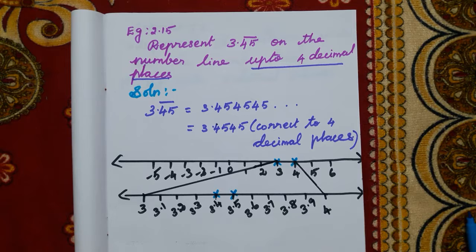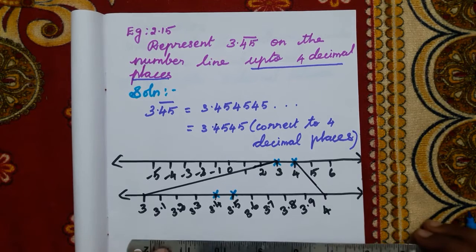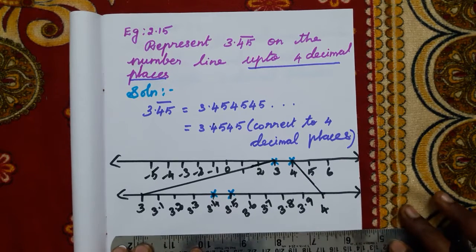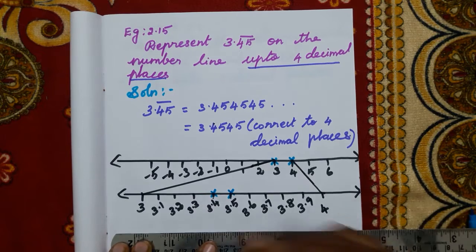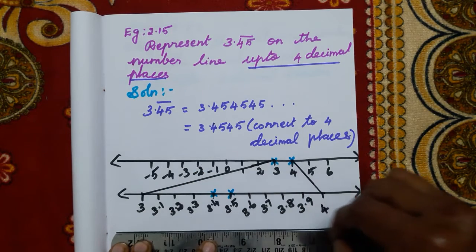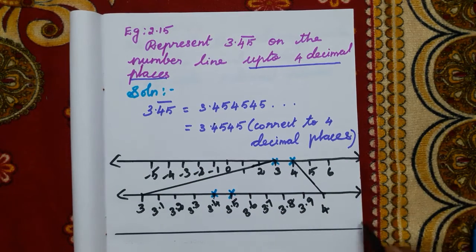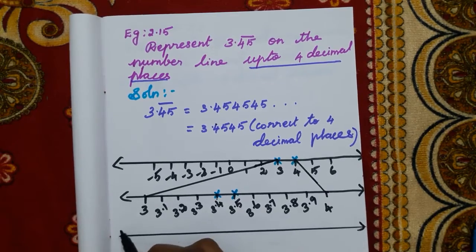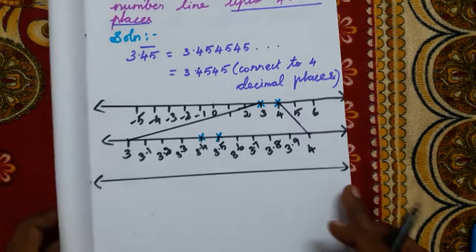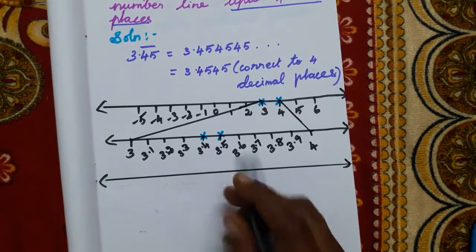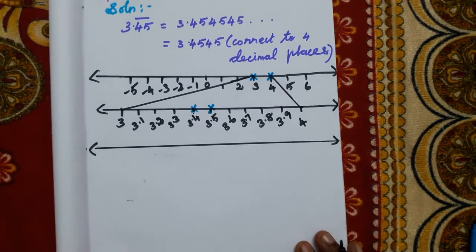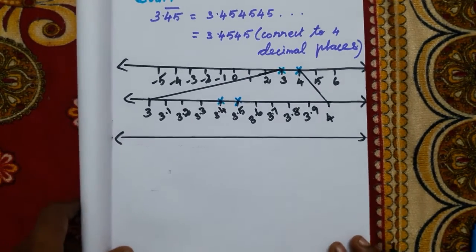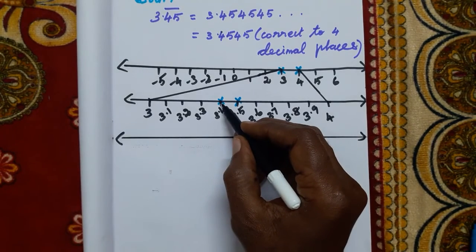Next, again we have to draw a number line. And start from what we marked. What did we mark here? 3.4 and 3.5. So we have to start from 3.4.